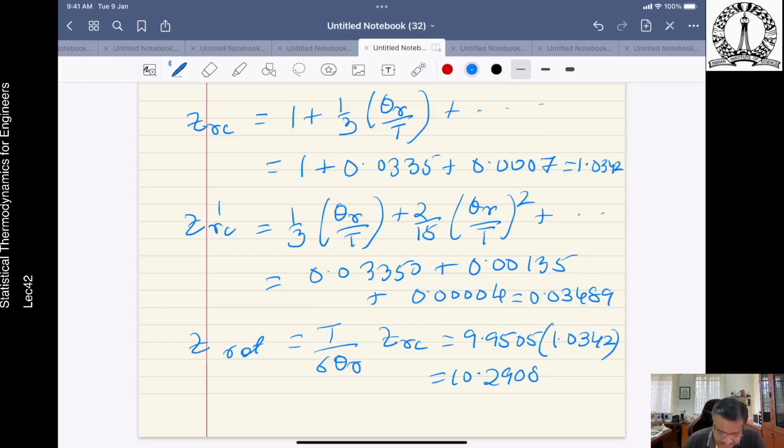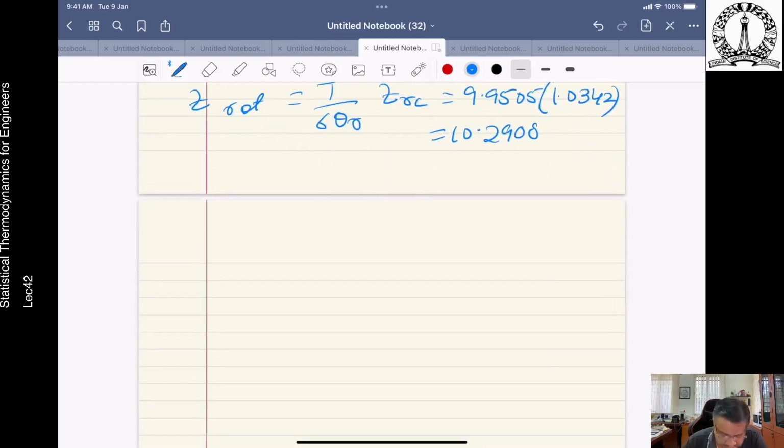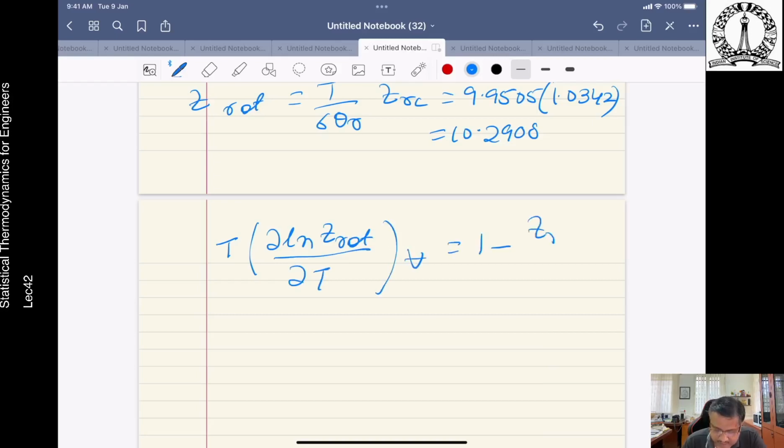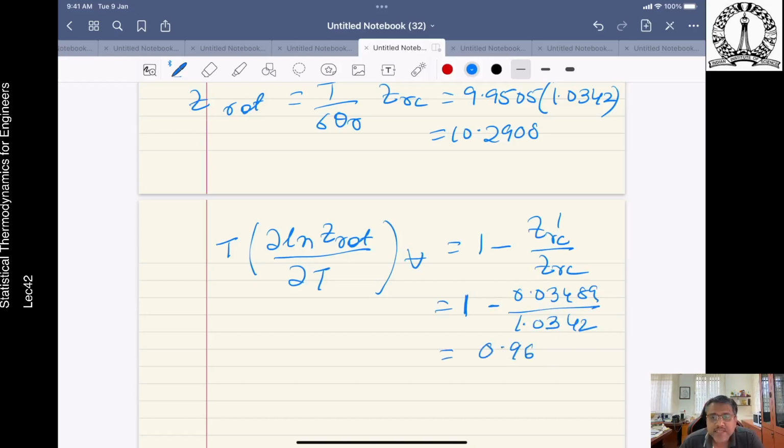And if we now evaluate T d ln Z rotation by dT at constant volume, this is 1 minus the first derivative of the correction term by ZRC, which is equal to 1 minus 0.03489 divided by 1.0342, which is equal to 0.96626. Okay, so sigma equals 1 for heteronuclear diatomics.